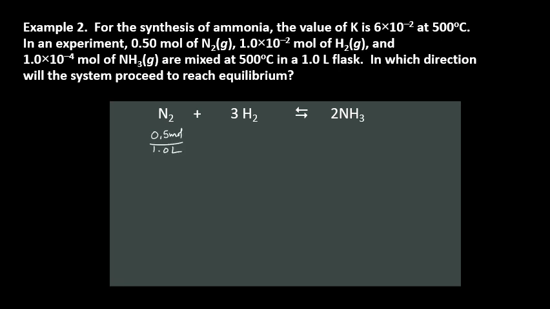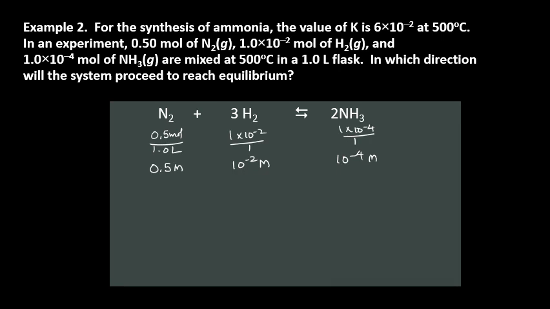From that I can calculate the concentration, which is 0.5 molar for nitrogen. For hydrogen, in the same way, it is 1 times 10 to the power negative 2 divided by 1, so I will have 10 to the power negative 2 molar. And for ammonia, 10 to the power negative 4 divided by 1 is equal to 10 to the power negative 4 molar.